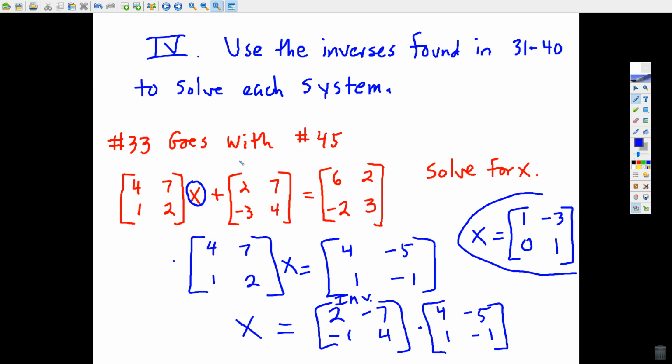So that inverse that you found for number 32, you'll just put it on the right side of the equation and multiply by the matrix 8, 4. And make sure the inverse goes on the left. Does that make sense? All right, and you're not doing any of the 3 by 3 matrices. It's all 2 by 2s.